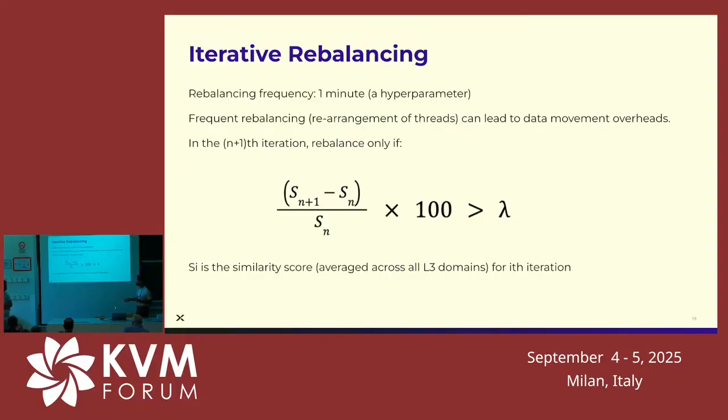So basically, to solve this, in the n+1th iteration, if the percentage change in the average similarity score is not greater than a threshold lambda, we will not rebalance. So this is how we are trying to avoid useless rebalancing, which can result in overhead. SI here is basically the similarity score averaged across all L3 domains for the ith iteration.